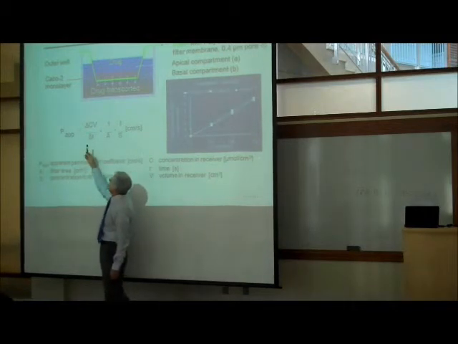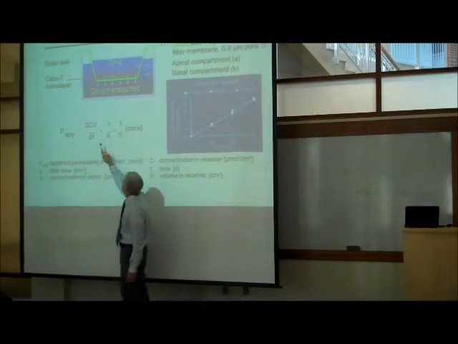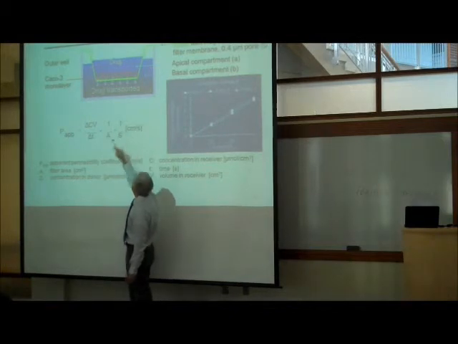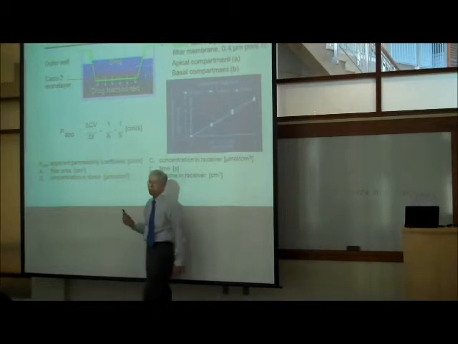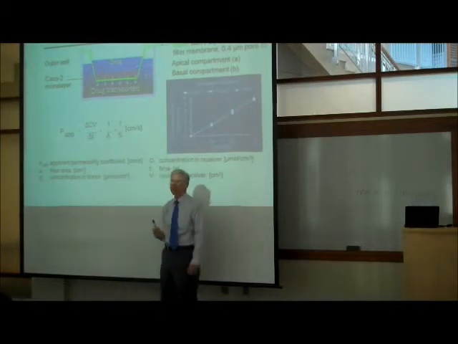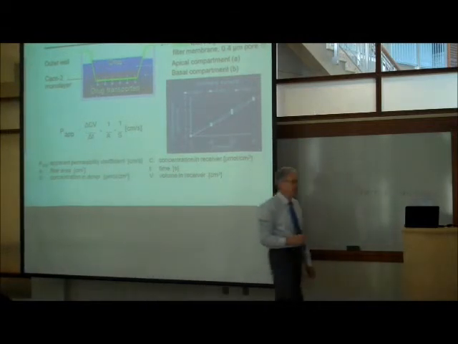So what we're looking at is the change in concentration of the test compound in the basolateral compartment over the change in time, times the volume of the well, times the reciprocal of the surface area of the membrane, times the reciprocal of the original concentration that was added to the apical compartment, and from that we can come up with this permeability coefficient.